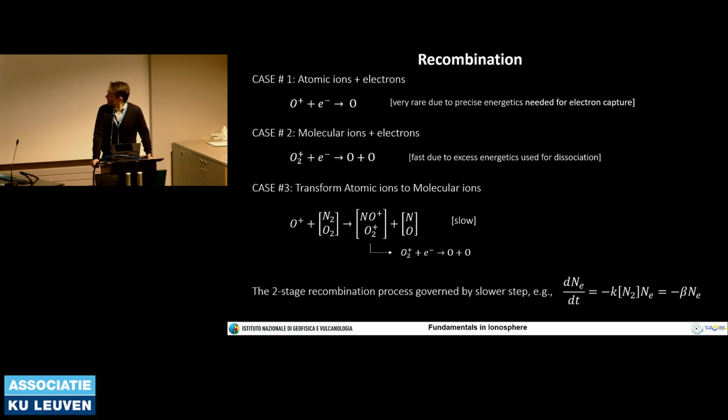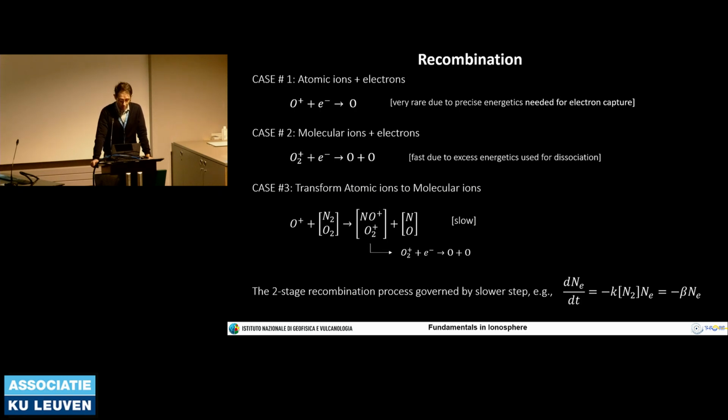Another case can be the capture of an electron by molecular ions of oxygen. This is quite a fast process. Or we can have the process involving the excited oxygen plus molecules of nitrogen and oxygen, creating excited states of NO plus, that can further decay and transform into oxygen and electrons in excited states.